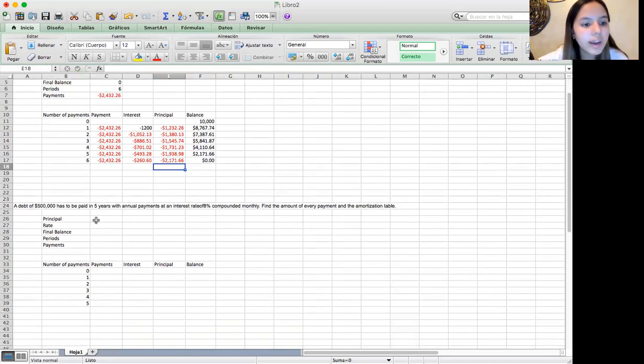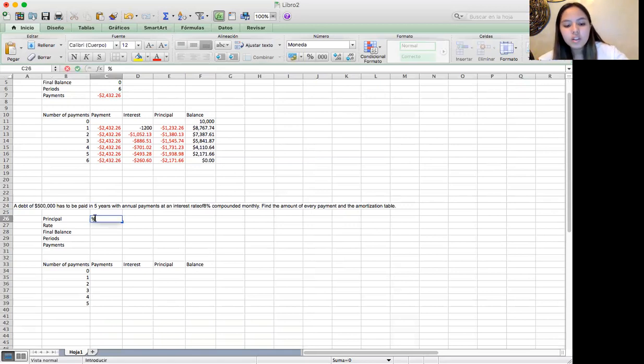Now, in the second exercise, we have the principal. Now the rate is 8%, but if we put it in decimals, it will be 0.08. The final balance is 0. The periods are 5 years with annual payment, so it will be 5 periods.